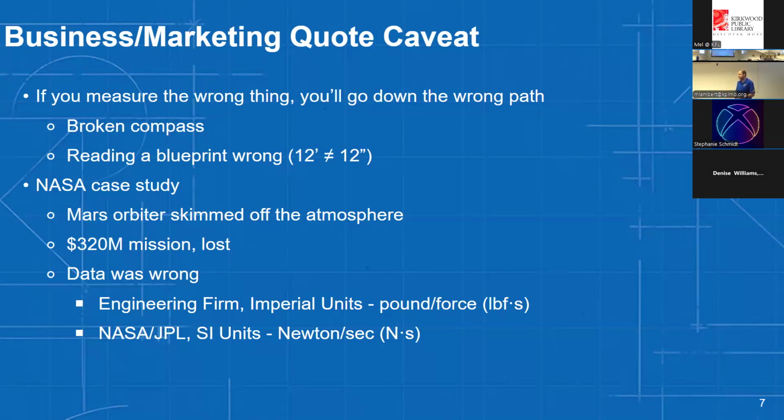NASA and the JPL, the Jet Propulsion Laboratory, took it as SI units, and those are different. And when they ran the calculations, they sent the orbiter off to Mars. It didn't equate. They measured the wrong thing. And we have a lost orbiter somewhere in space now.